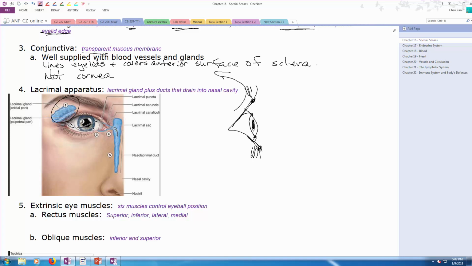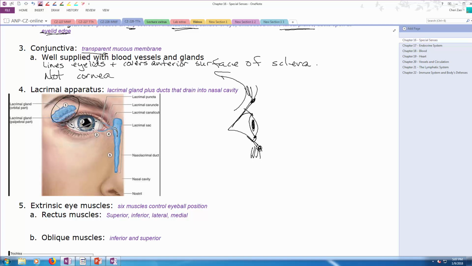And then with your blinking, of course, that also helps to promote keeping that surface of your eye clear and free of all the nasty stuff, which will then get trapped in the fluids and then leave the surface of the eye into what area of your body? Your nose.